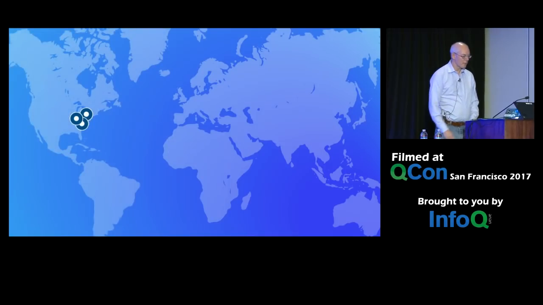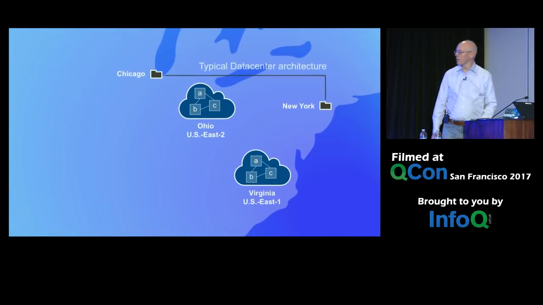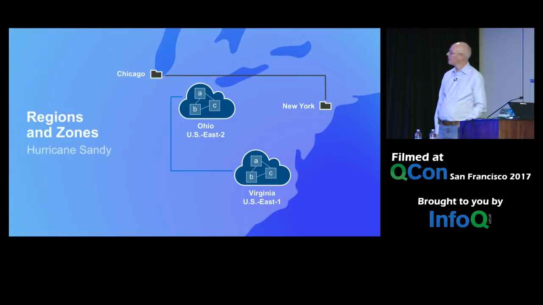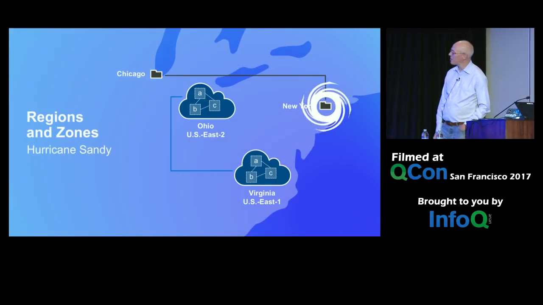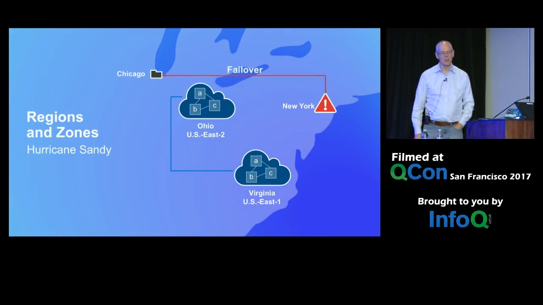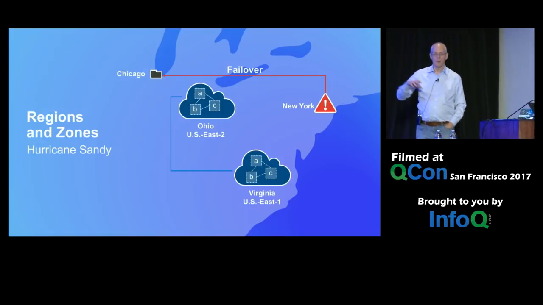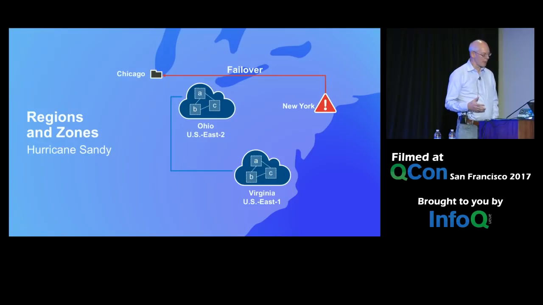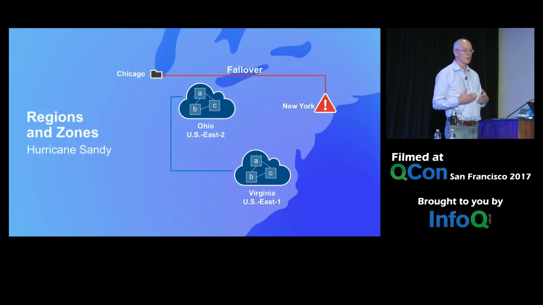All right, so if we look at a couple of regions and the typical data center architecture, going to get a bit topical here, let's have a hurricane. Hurricane Sandy comes in and floods New York. There have been lots of hurricanes this year. So you fail over to Chicago or something. But the way we build it in the cloud is we have regions with zones in them.